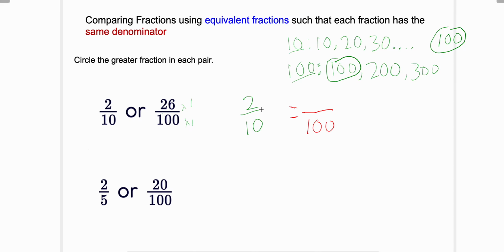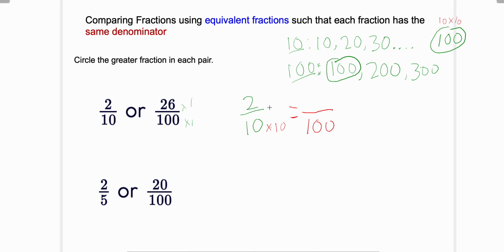I'm going to think to myself, 10 times what will give me 100? Well, I know that 10 times 10 is 100.